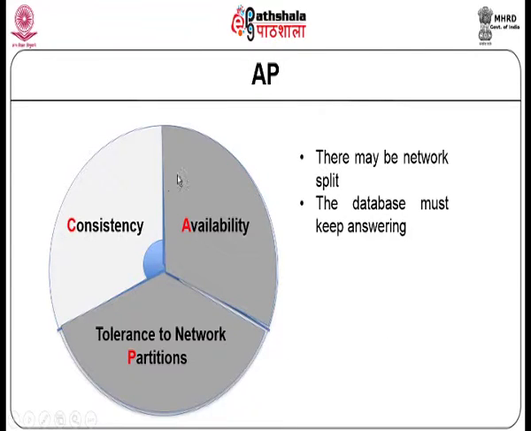So, availability ensures that whenever a user queries, whatever kind of errors or failures may have happened, the system will continue giving answers, but the data may not always be the correct data. Correct in the sense that the recent updates may not have been propagated yet by the system.